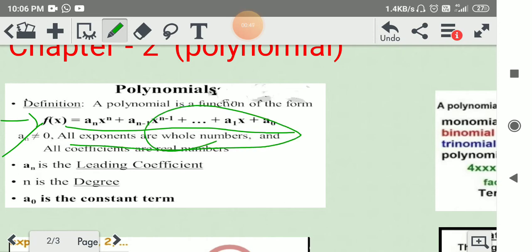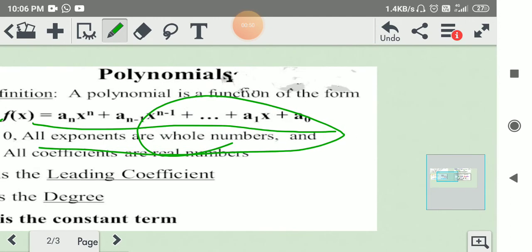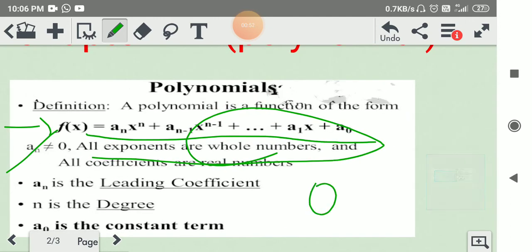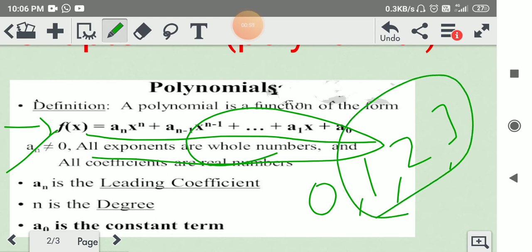You know whole numbers are 0, 1, 2, 3. It should be a complete number, not negative. Minus and 1.5 are not whole numbers.